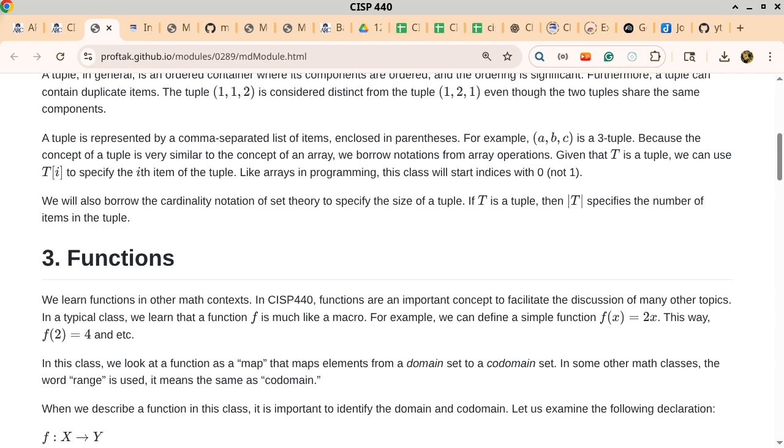It is ordered. It's always ordered. The next one, you mean this one? It is ordered. So in this case, element 0 is a 1, element 1 is a 1, element 2 is a 2. In this case, element 0 is a 1, element 1 is a 2, and element 2 is a 1.